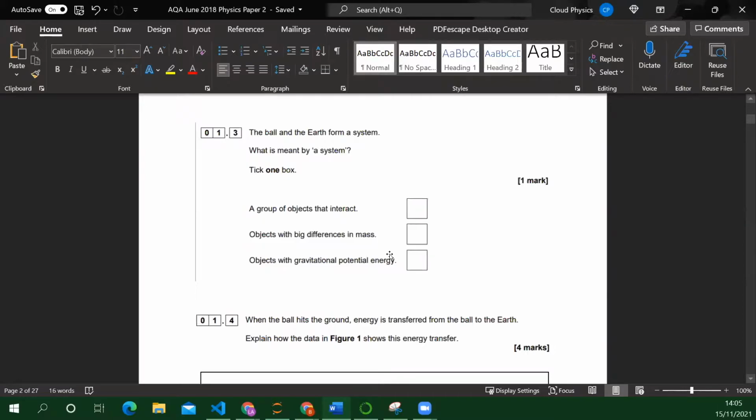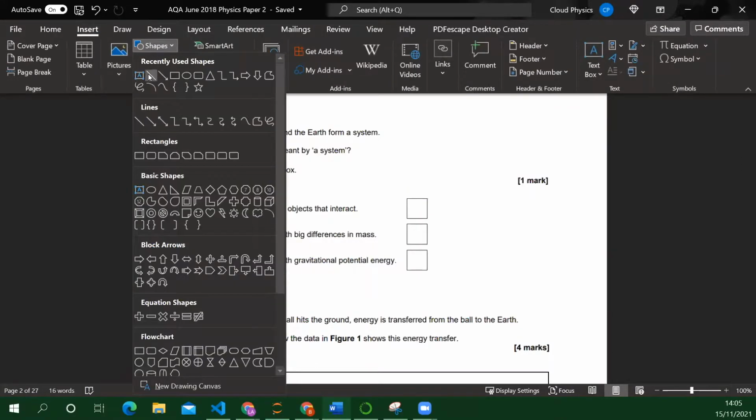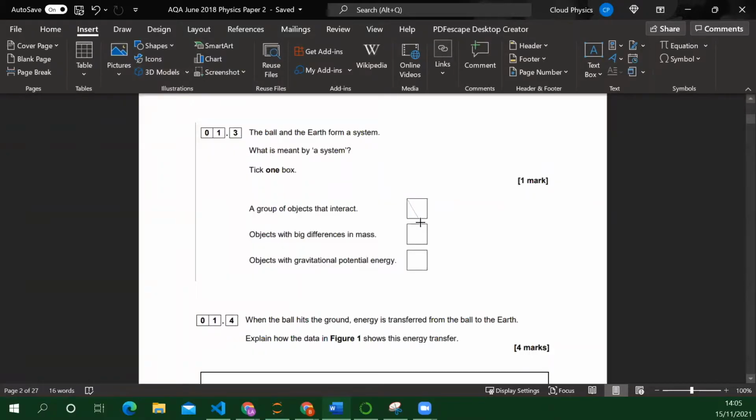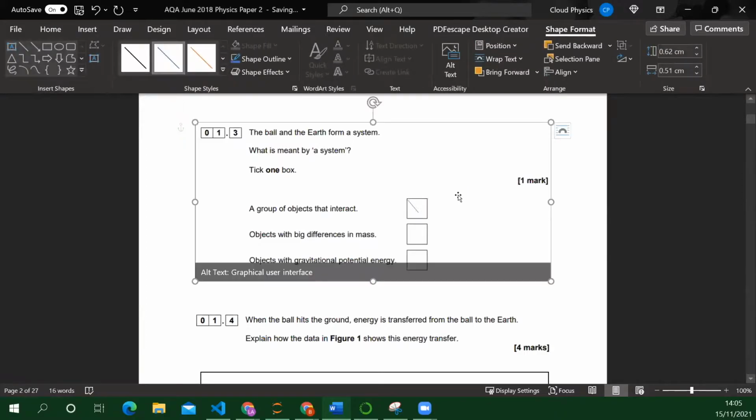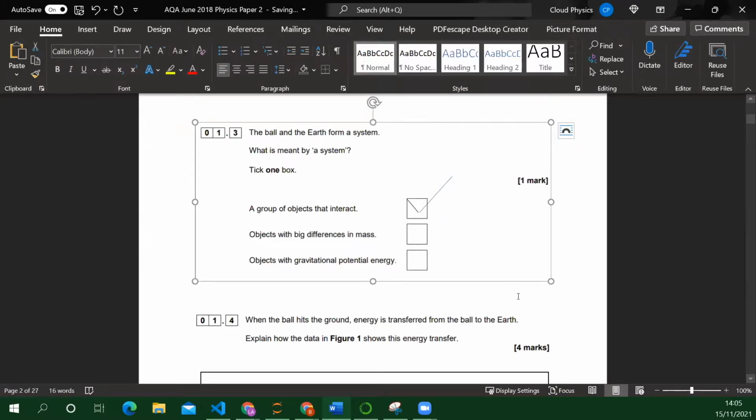They're all pretty much the same, and that's a system. Gravitational potential energy, they don't have to have that. So the only one left is a group of objects that interact. I put a tick. Oh, I needed a cross there, so I have to be a bit vigilant. A group of objects that interact. That's a tick.